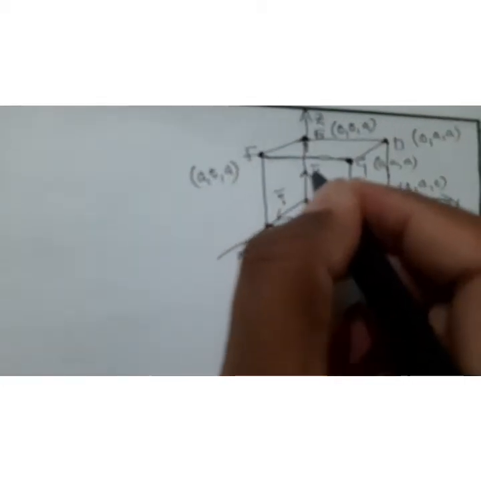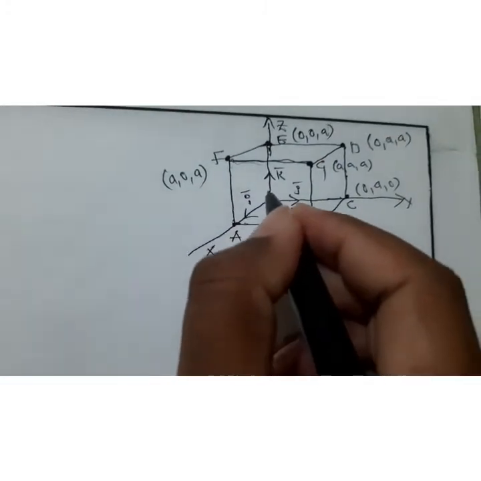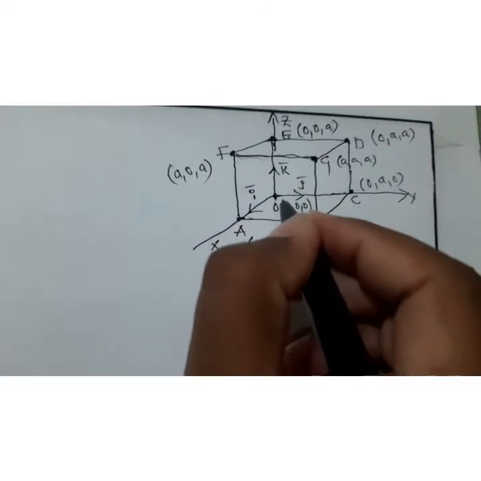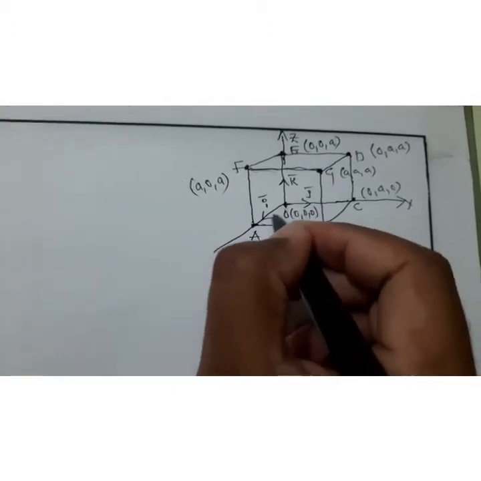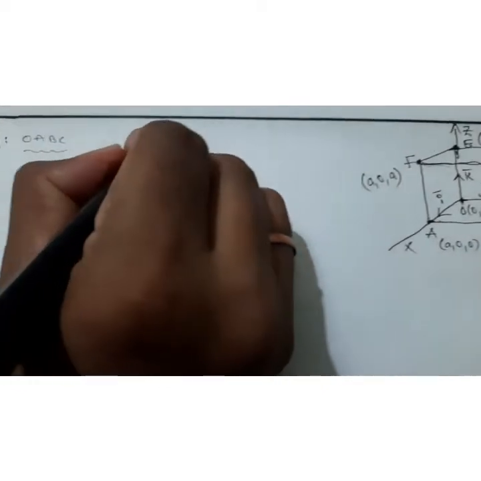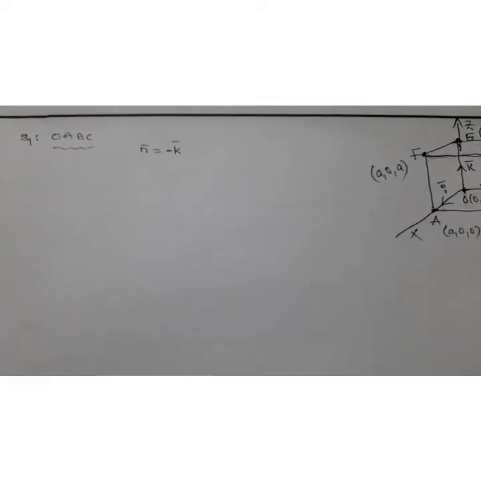Here n bar is the unit outward drawn normal to the surface, but for this surface it is minus k bar, which is inward to the surface.